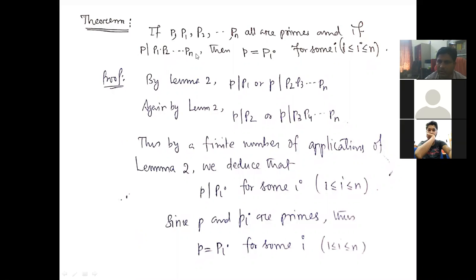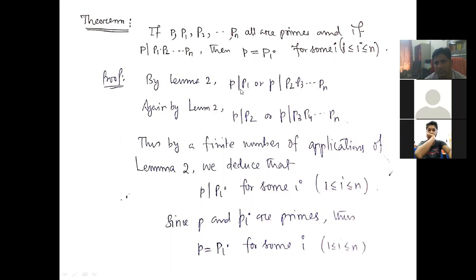If P divides this product P1 P2 Pn, then P must be equal to some Pi. कोई होगा मान लो P5 P6, P इक्वल टू P5 हो सकता है, P इक्वल टू P4 हो सकता है, किसी एक Pi के बराबर.